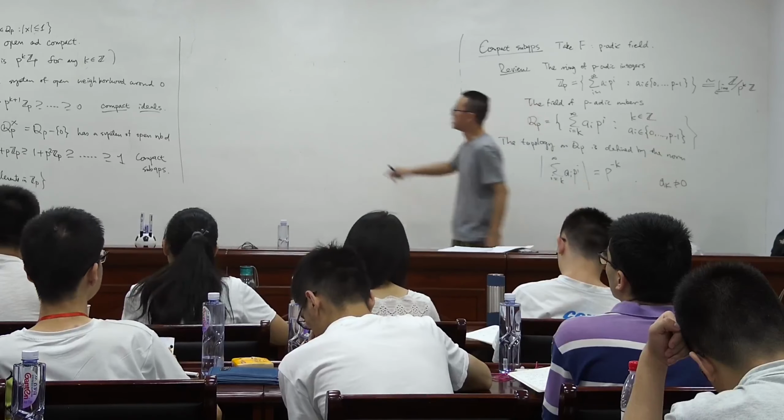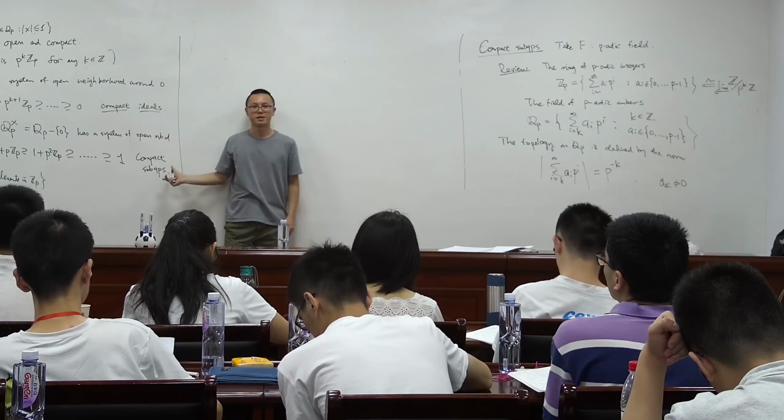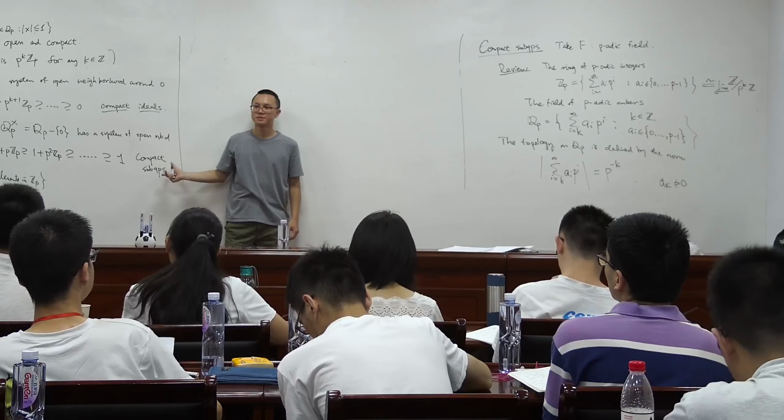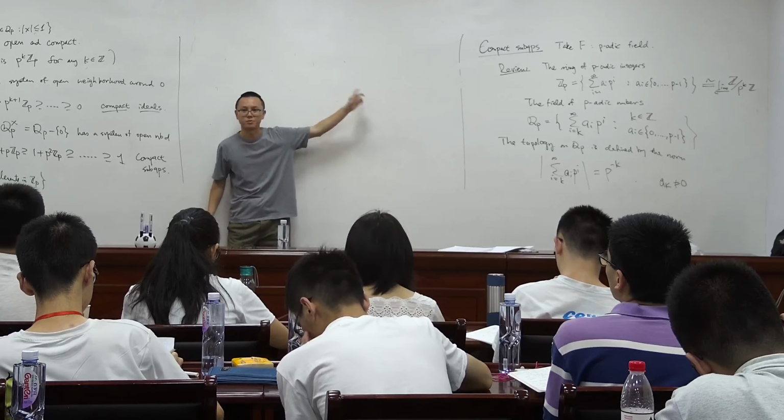So you can see in the fields we already have a lot of compact subgroups, a lot of interesting ones. This structure will be brought to the reductive groups.